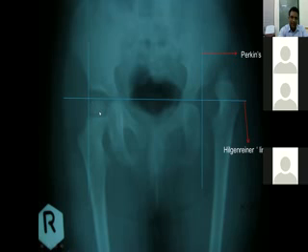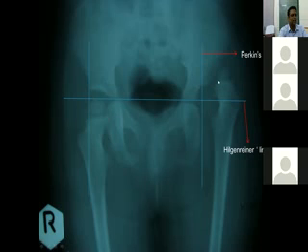So normally here on the normal side you can see the femoral epiphysis, which will be this. Perkins and Hilgenreiner's lines divide the hip into 4 quadrants: inner upper, inner lower, outer upper, outer lower. So normally the femoral epiphysis will be in the lower medial compartment or inner lower compartment.